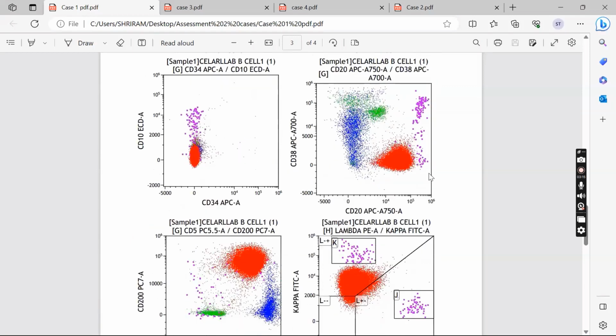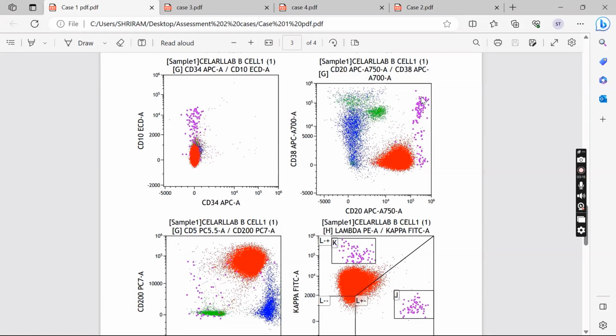Now, this population, if you see, sometimes what happens, when I just inquired with the technician and asked him to repeat the test, then you found the two populations splitting in kappa and lambda. See, because sometimes your kappa will be showing too much signal, or your lambda will be too weak, so that you cannot divide only with lambda.